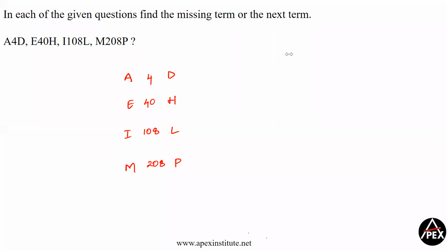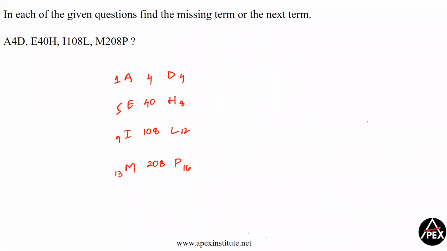Okay. So now 440, 108, 208. I did not get any logic. Now I will convert alphabets to numbers. So 1, 4, this is 5, this is 8, this is 9, this is 12, this is 13, and this is 16. Any observations?